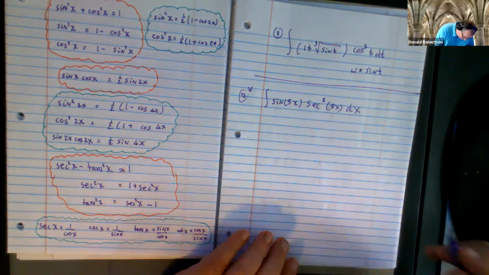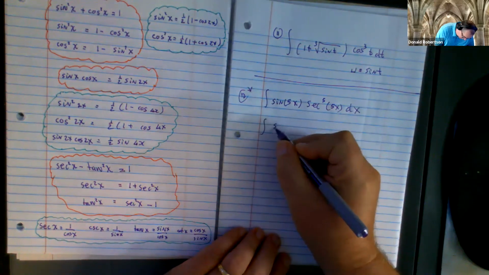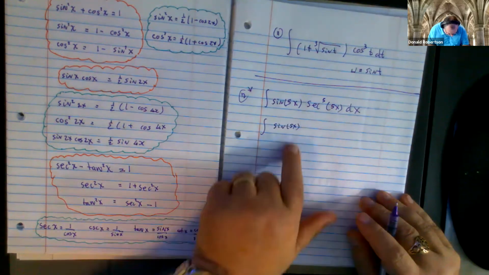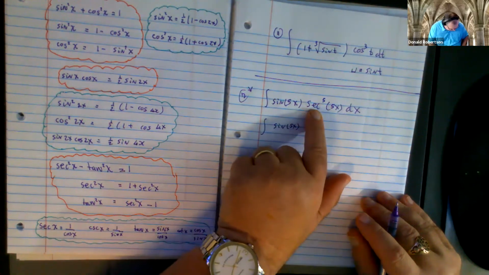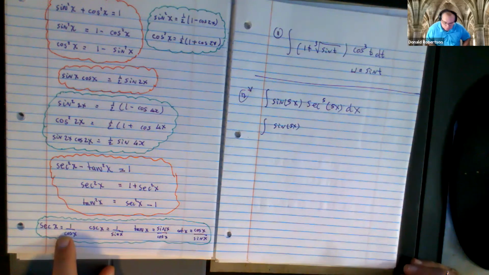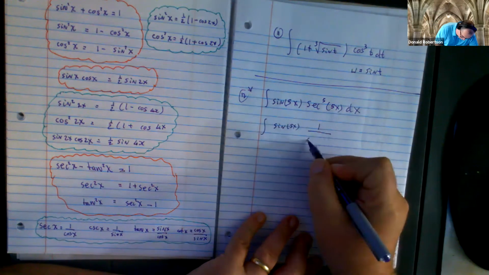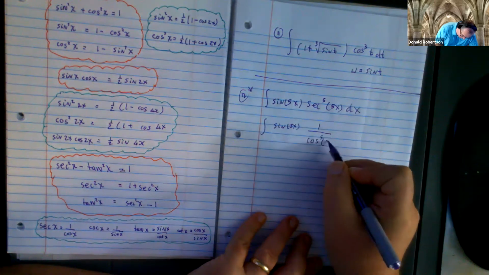So what I'm going to do, the 5x is not an issue, it's just an ugly bit that you deal with. I'm going to rewrite secant, and I'm going to rewrite it as 1 over cosine. So secant to the 5 is going to be 1 over that guy.